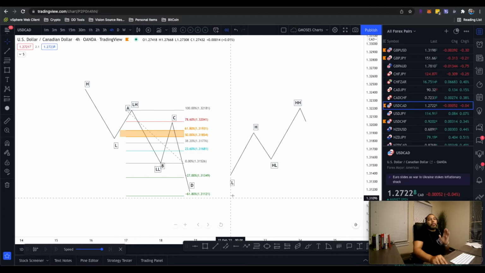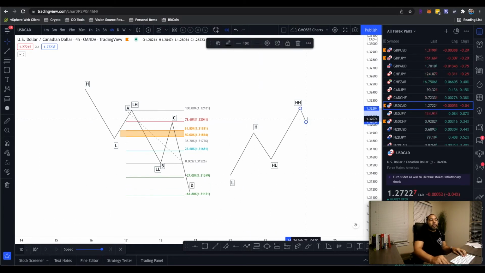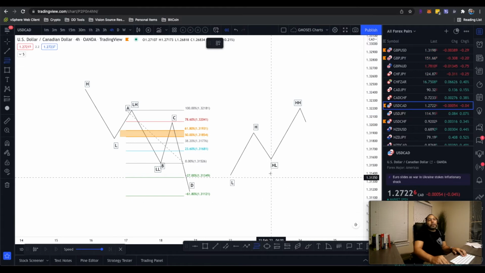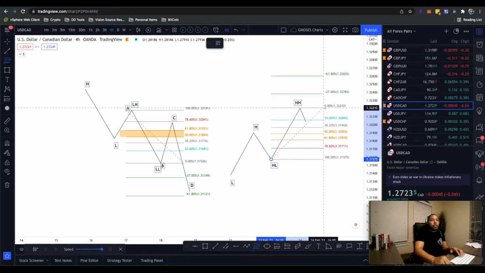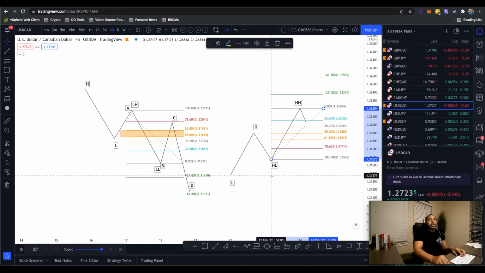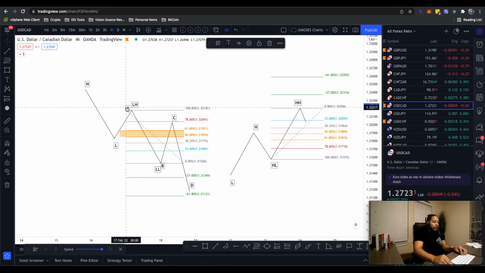When you're looking at it from an uptrend perspective, when you see the market start to retrace while you're in an uptrend, you want to take it from the swing low up to the swing high. So mark it from here, drop it on your swing high, and then these points will reverse. So for example, you have A, which will be your 100 as well.